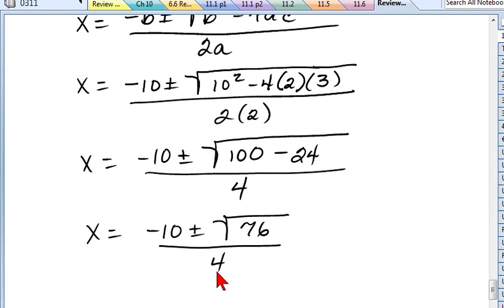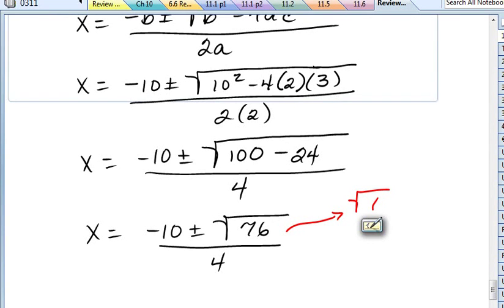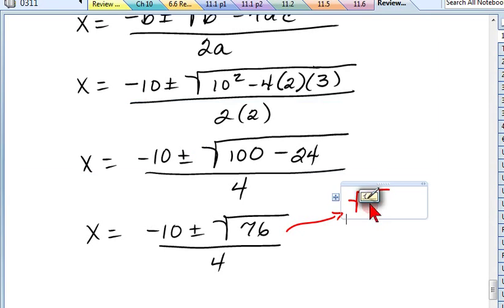And question, can you simplify the square root of 76? Can you think of a perfect square that goes into 76? 19 and 4.